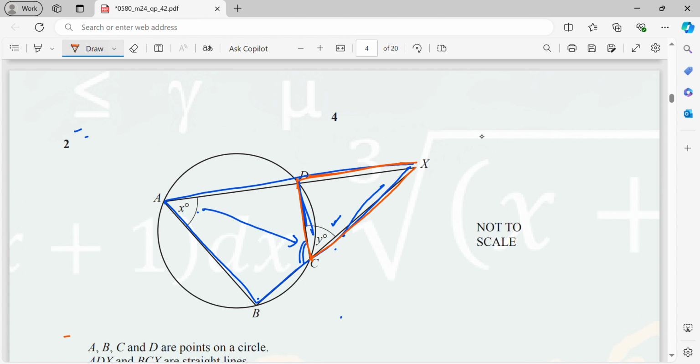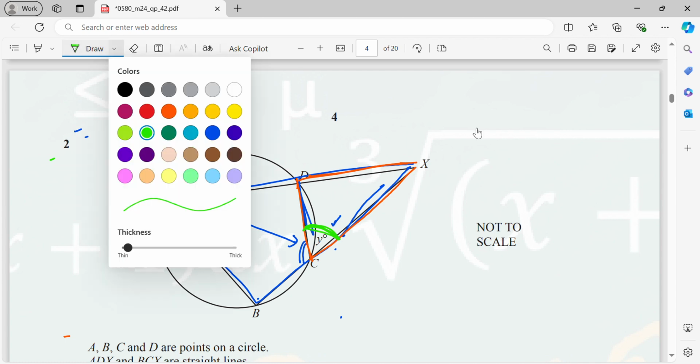Since we have just proven that x is the same as y, to show similar triangles we need to show they have three equal pairs of angles. So here we have shown the first pair of angles. Then both triangles are sharing the same angle at X. See here.